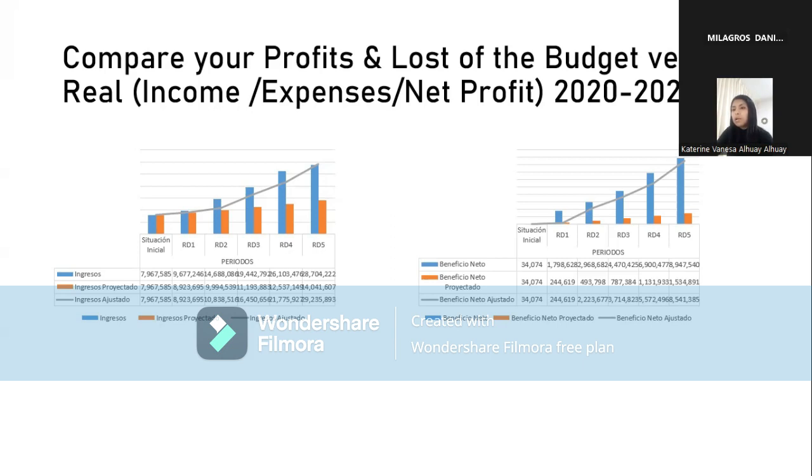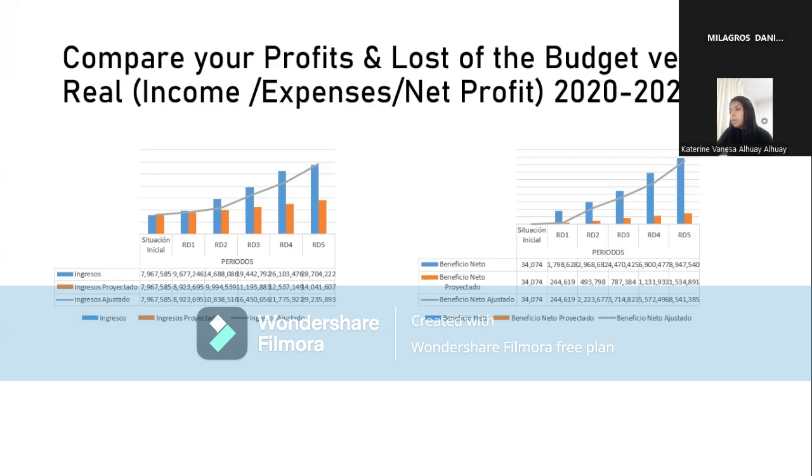Adjusted incomes, we can find here 7,967,585, and a variation here in RD5 of about 29,235,893.